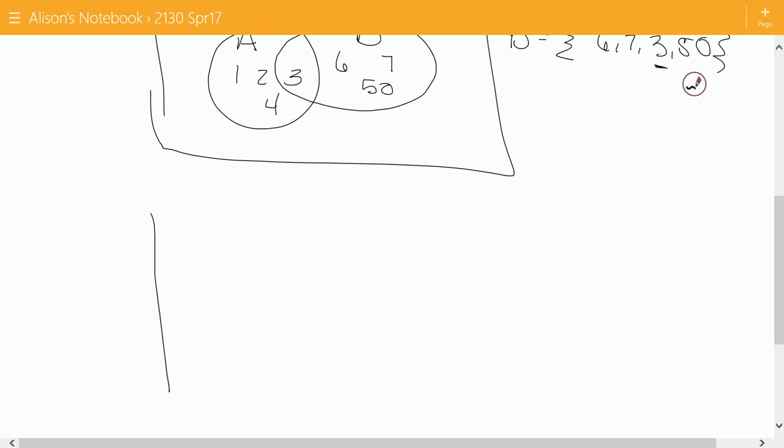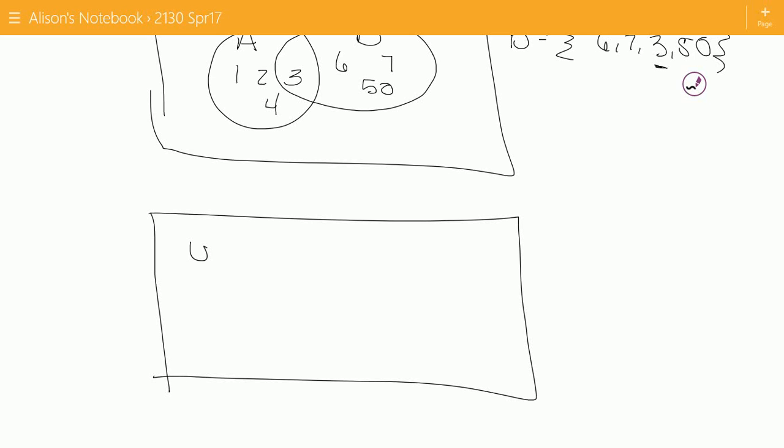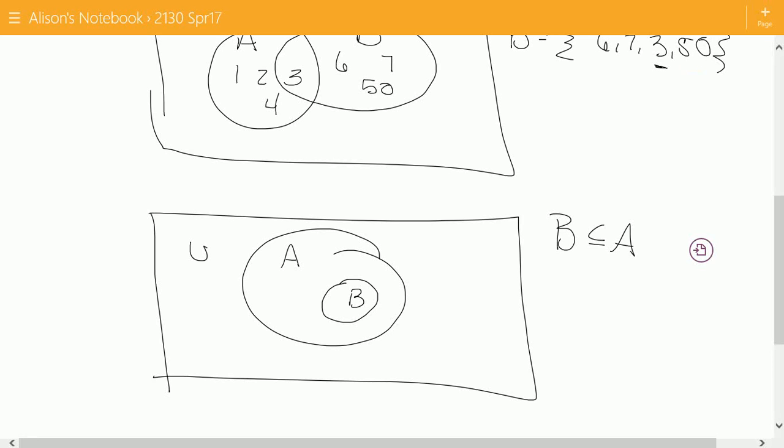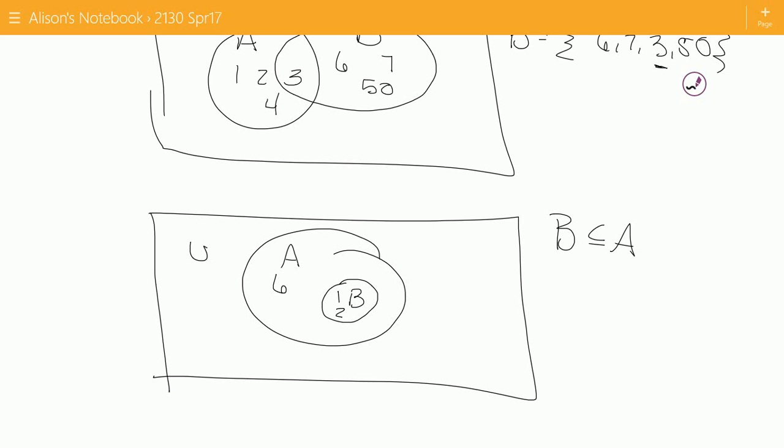For instance, without even knowing what is in the sets, if I say this is my universe and I have some set A and I also have some set B, I can visually tell that B is a subset of A, because B is wholly contained within A. As a side note, I cannot tell whether or not A is a subset of B, because I don't know if there are elements that are outside of B that are contained in A. If it had shown me an element here and then an element here, now I know that A is not a subset of B because there's an element outside of B that is contained in A. But I still know that B is indeed a subset, and it's actually a proper subset of A.